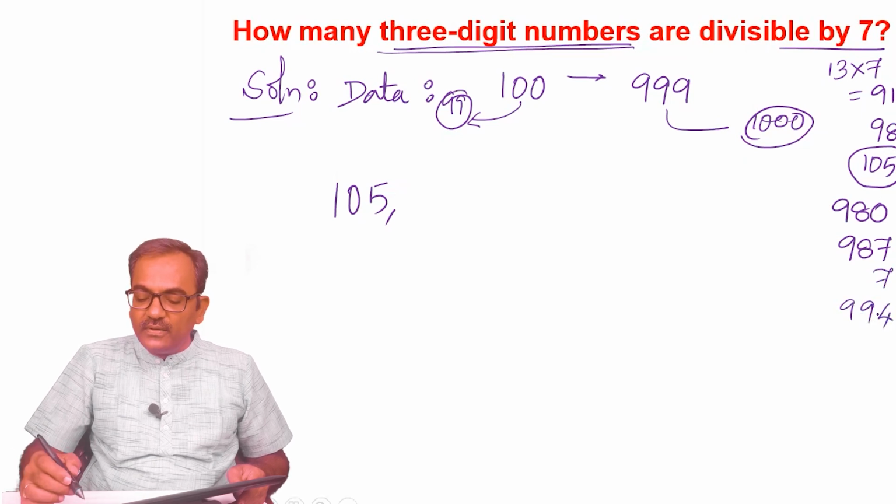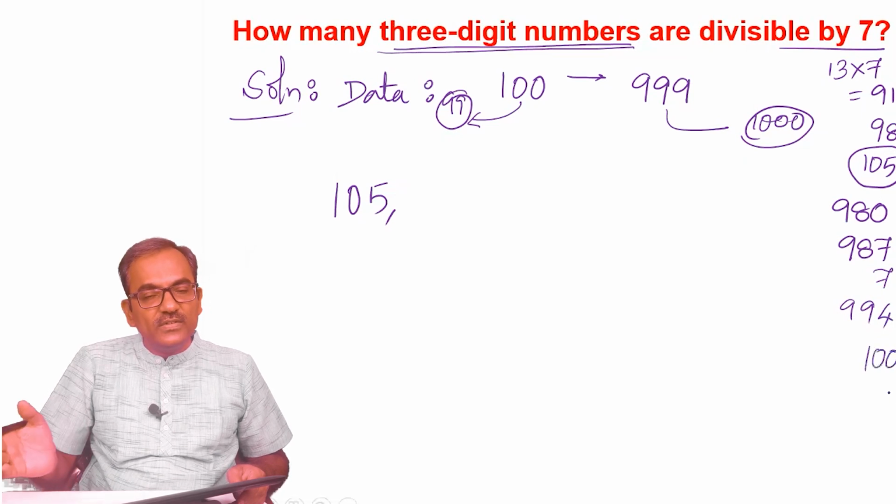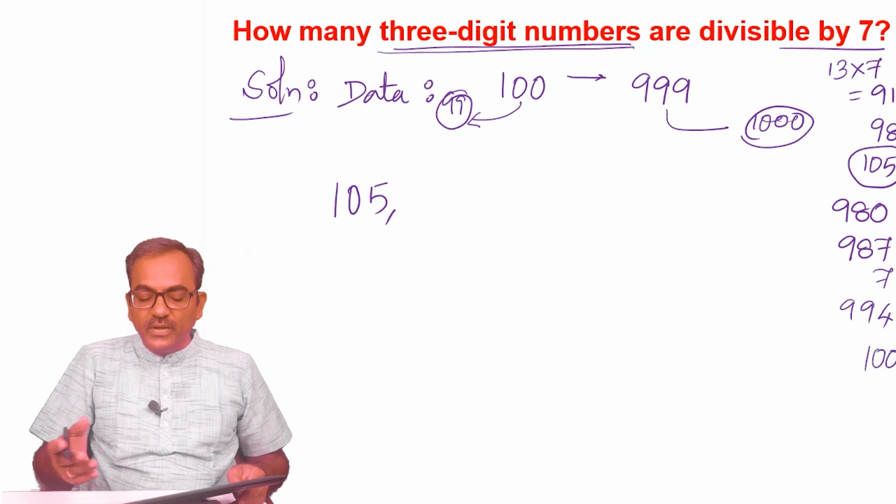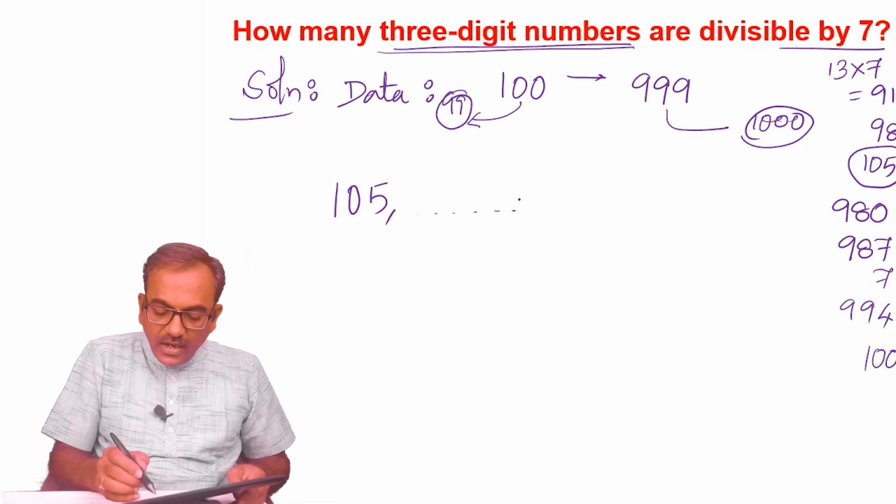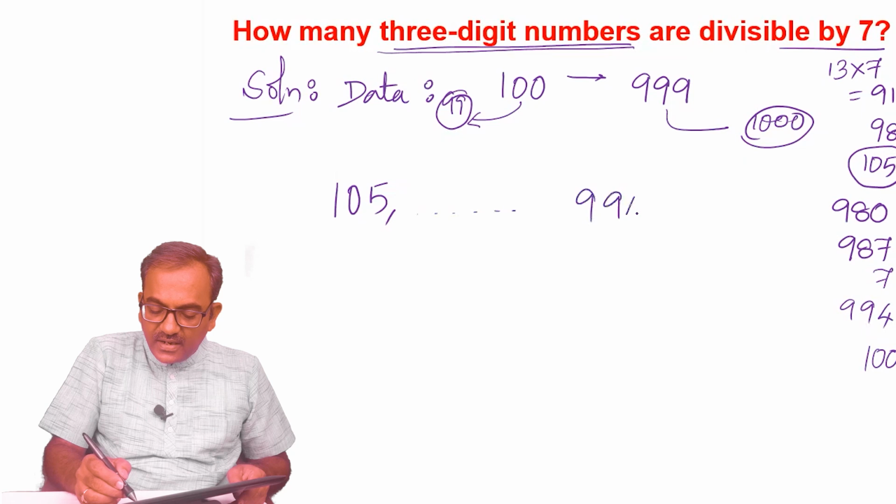And what about the next one? The next multiple of 7 would be 1001, which is outside the purview of this problem. Therefore the last number is 994.